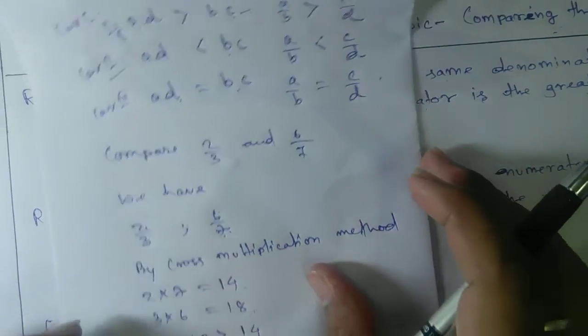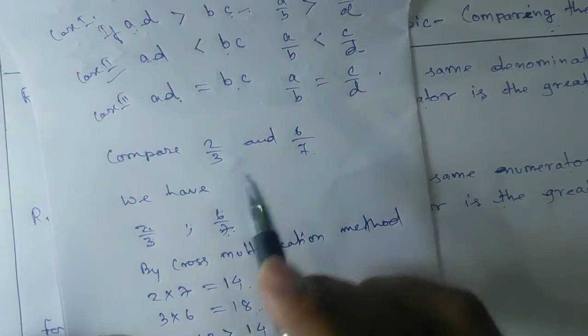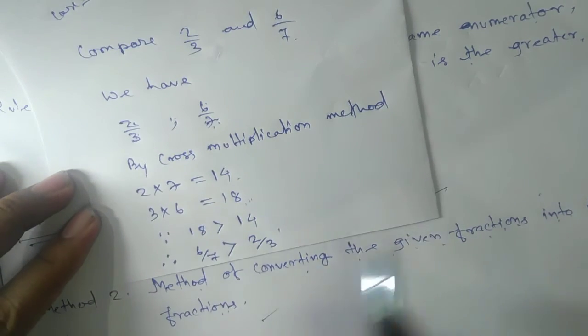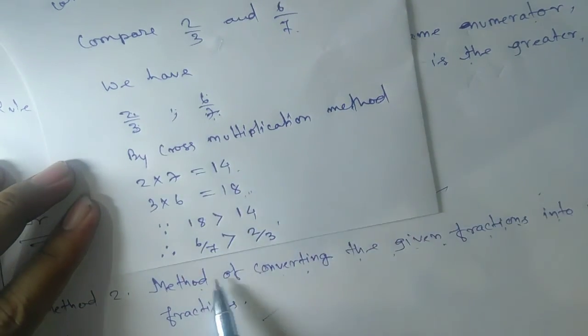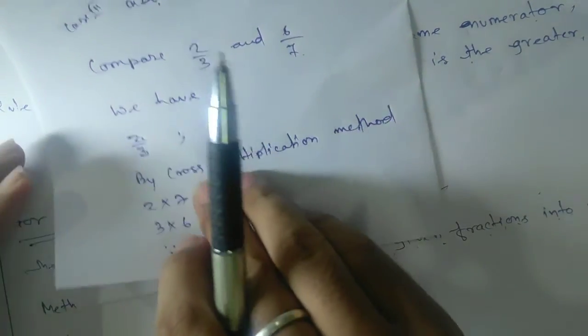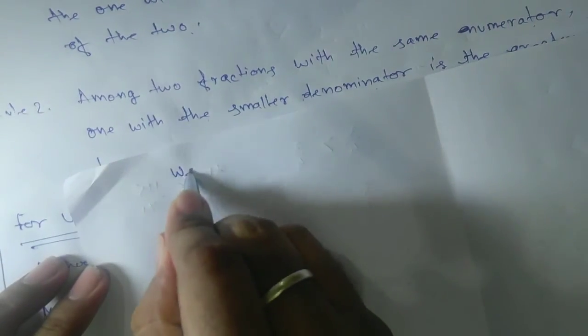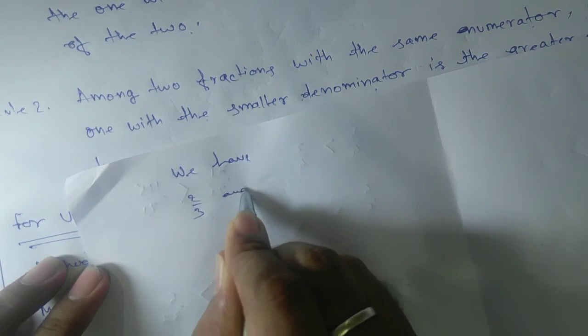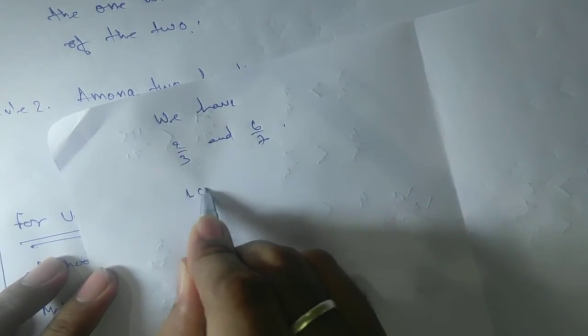Or you can compare by using the method of converting the given fraction into like fraction. Let's solve this problem using this method. Okay, 2 by 3 and 6 by 7. First target, find the LCM.